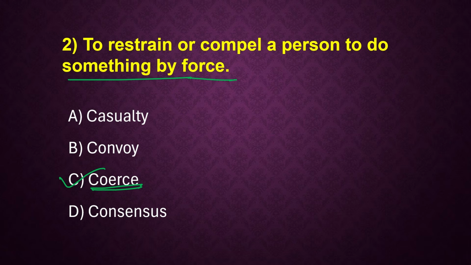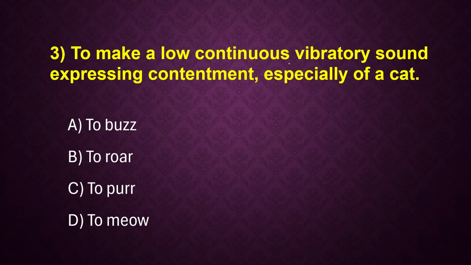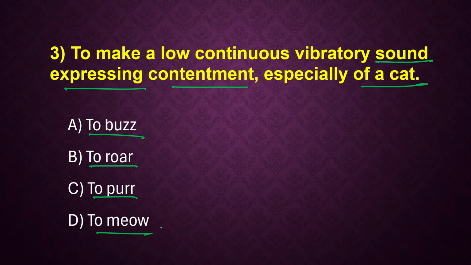Okay. Next, to make a low continuous vibratory sound expressing contentment, especially of a cat. So what is the correct one-word substitution? Look at the options. Is it to buzz? Is it to roar? Is it to purr? Or is it to mew? So which one is correct? Tell me. This one is the most important one.